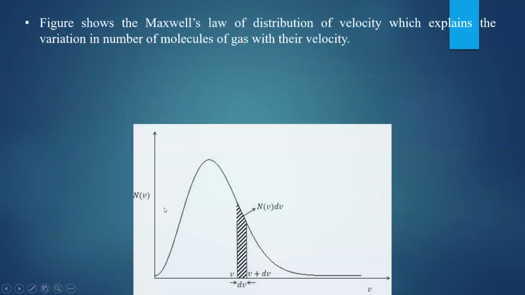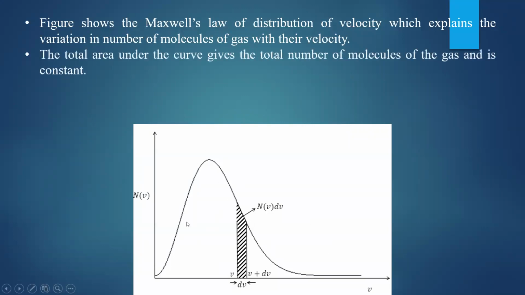If you draw the graph, you will get this type of curve. So this is the distribution of velocity of the gas molecules. You might recall this particular expression from kinetic theory of gases, and the same graph you have obtained. Here the total area under the curve represents the total number of molecules of the gas, that is capital N, and which is going to be conserved.